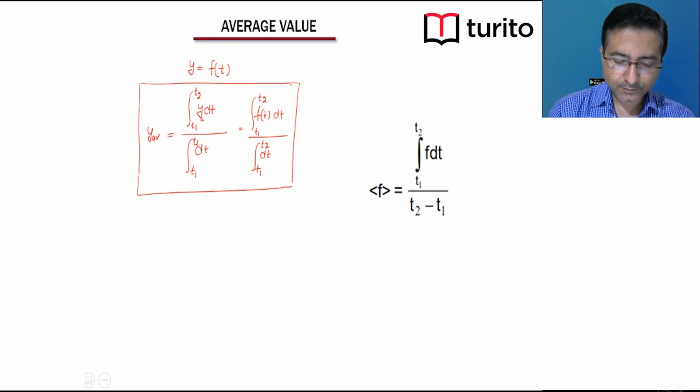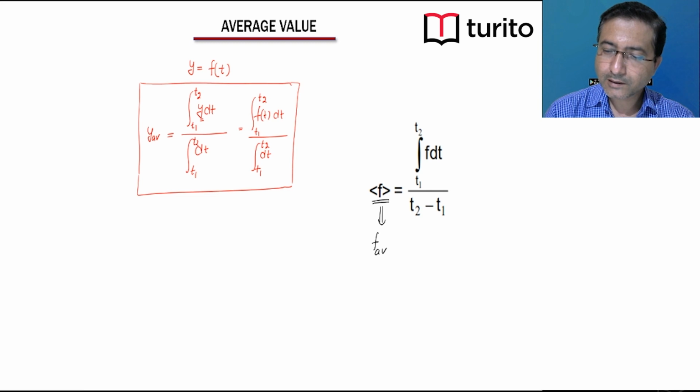This way also I can write the average. The meaning of these brackets is that we want to find out the average value, and in the denominator we are writing the interval. If you integrate this term, you are going to get the interval. So integrate the function and divide by its interval, and that will give you the average value.